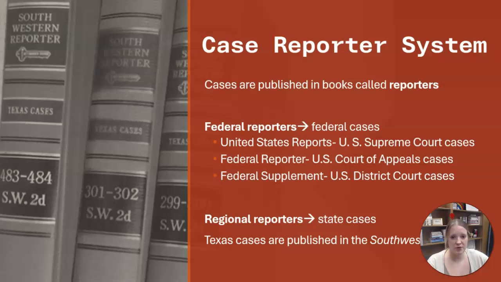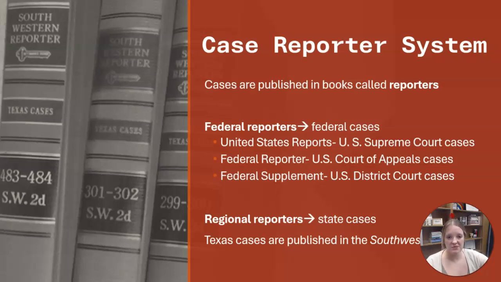So, what about the reporter system? Cases are published in books that are called reporters, right? Your federal reporters will house federal cases, whereas your regional reporters will house cases from different regions within the U.S. These reporters can organize by jurisdiction, they can organize by topic, and they are laid out in chronological order.